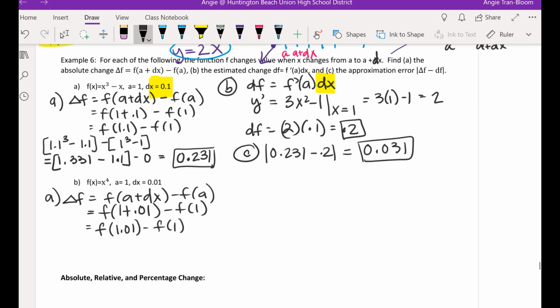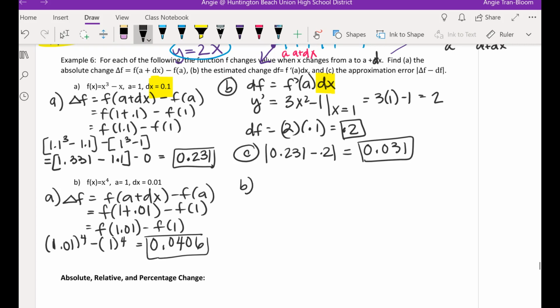So here we go, 1.01 to the fourth minus 1 to the fourth. This is going to give me 0.0406. Even though I didn't tell you how to round, it's such a small number. When it's a small number, you want to carry it out enough so we can understand the difference.